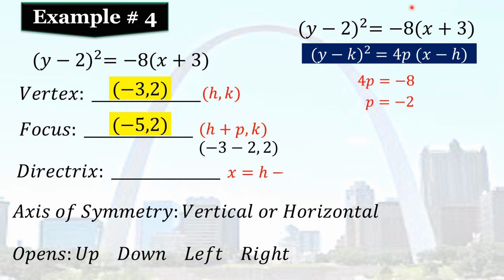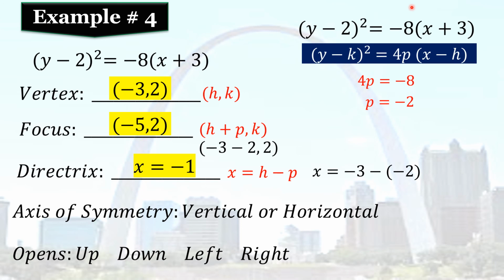And for the directrix, x equals h minus p. So from here, h is equal to negative 3 minus your p, which is negative 2. Be very careful with this one. So negative 3 minus negative 2 is equal to negative 1.